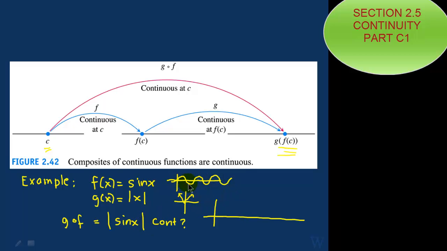Well, here's my sine of x. Wherever it's negative, you just make it positive. So what you're actually going to see is right there. It's like a scallop, and so on and so forth. There you go. And notice there's no gap, there's no hole, there's no jump. And so we have that the absolute value of sine of x is continuous.